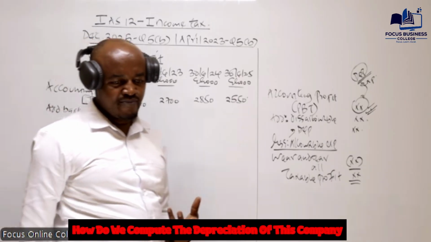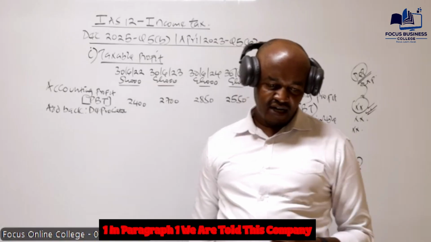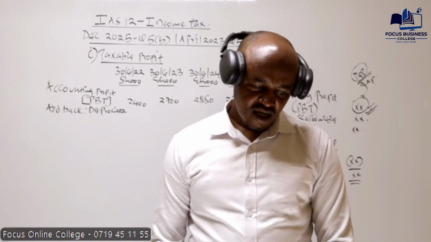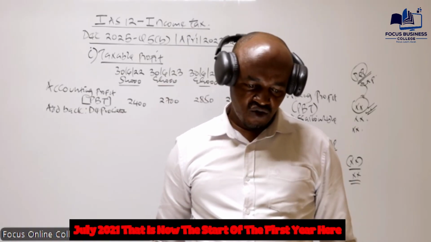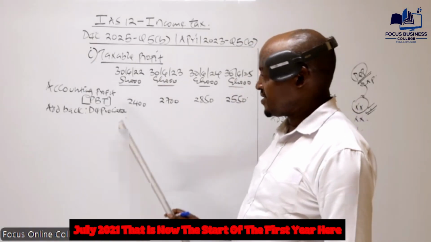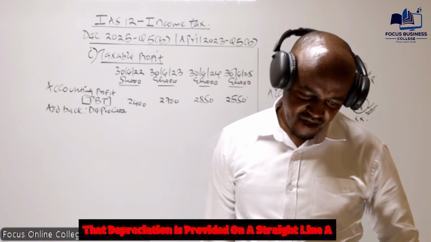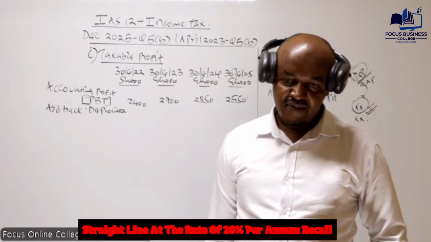How do we compute the depreciation of this company? We're going to use the information we have in paragraph 1. In paragraph 1, we are told this company purchased an item of equipment at a cost of 12 million on 1st July 2021. That is the start of the first year here. And you're told that depreciation is provided on a straight line at the rate of 20% per annum.